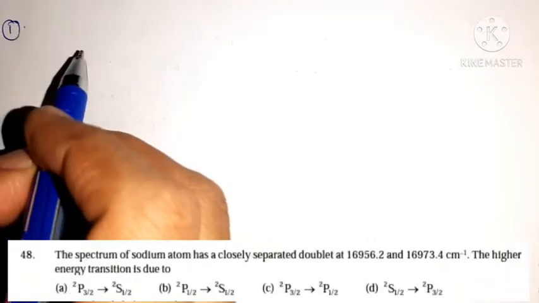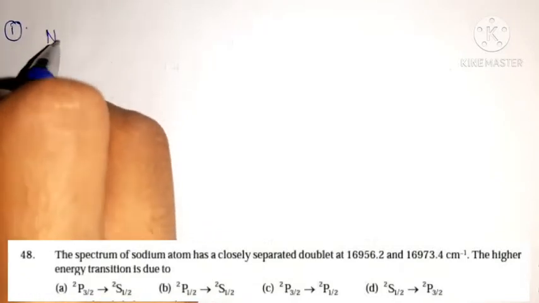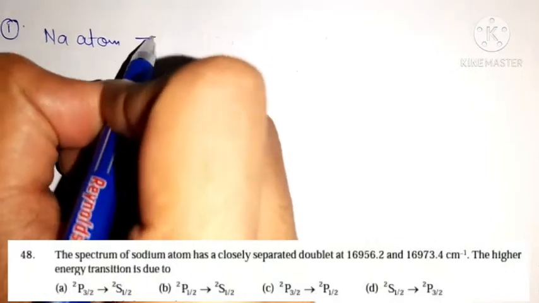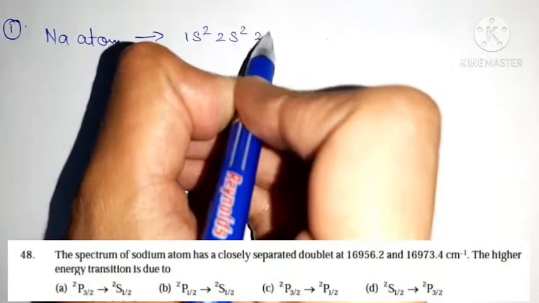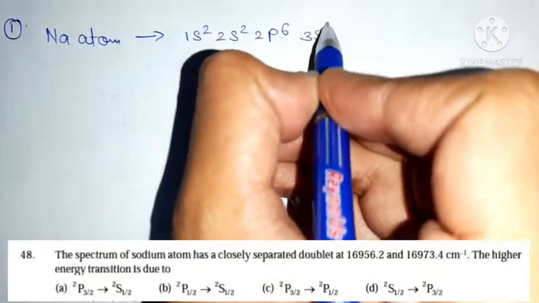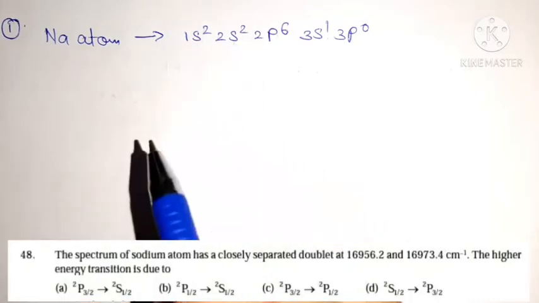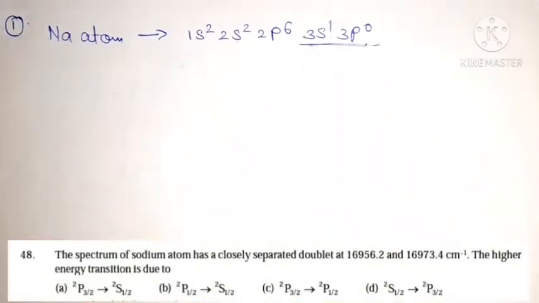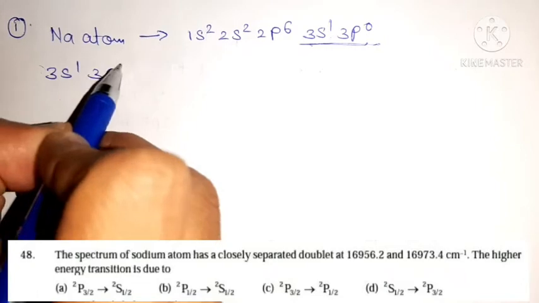Now friends, when we talk about a sodium atom, its electronic configuration is 1s2, 2s2, 2p6 and 3s1, 3p0. So here we only talk about its valence electronic configuration, that means 3s1, 3p0.